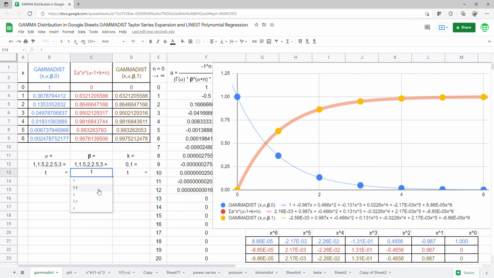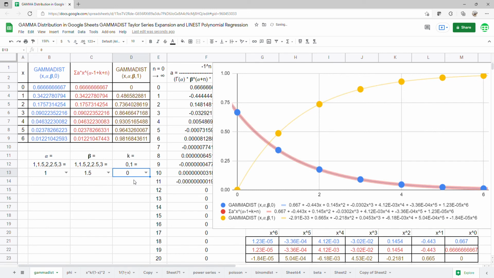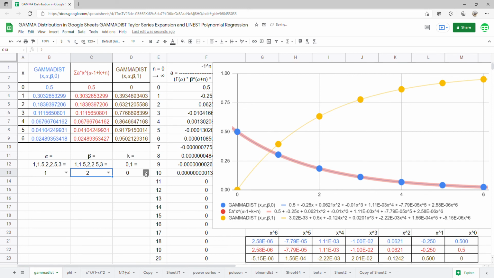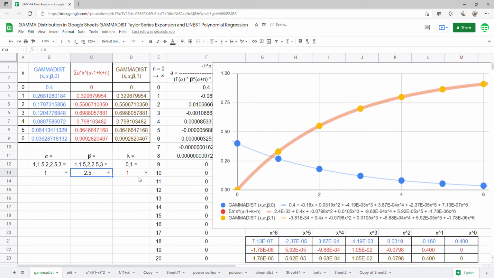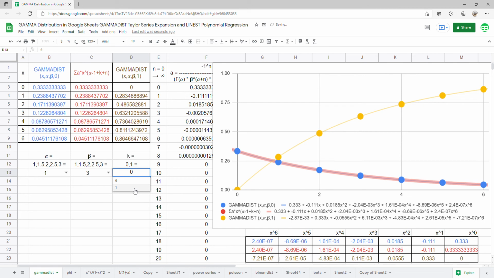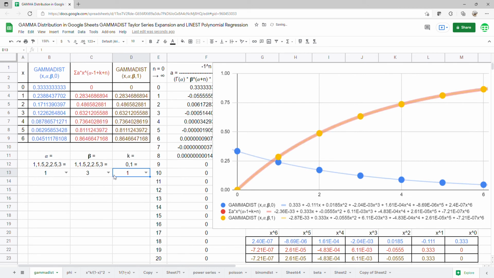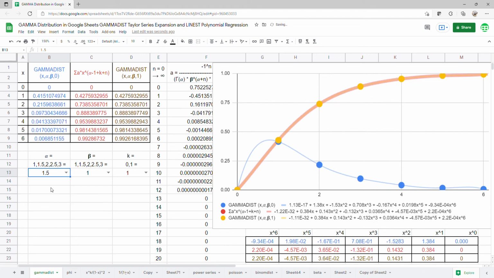Continue with 1.5 and toggle this to 0. Continue with 2 and toggle this to 1. 2.5, toggle this to 0. And 3, toggle this to 1. Then we go back to 1 and change this to 1.5.